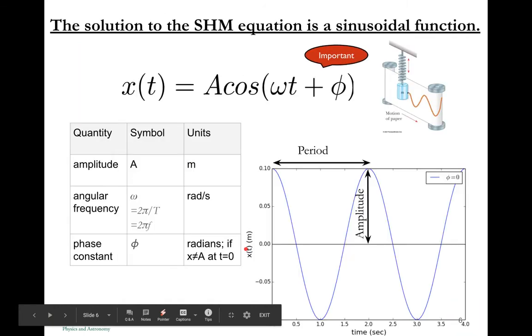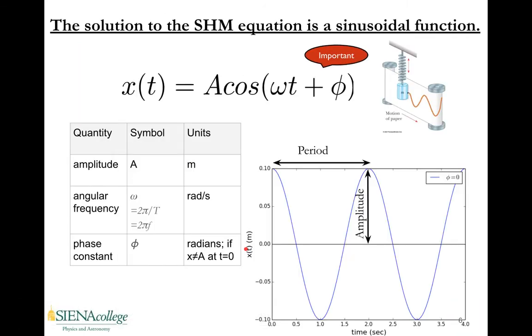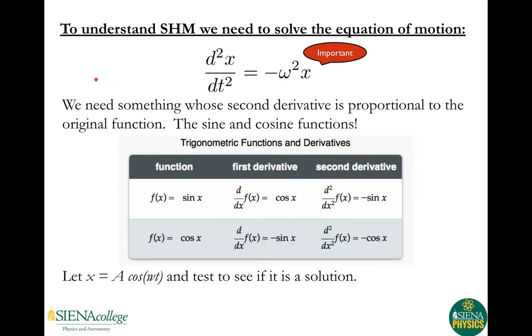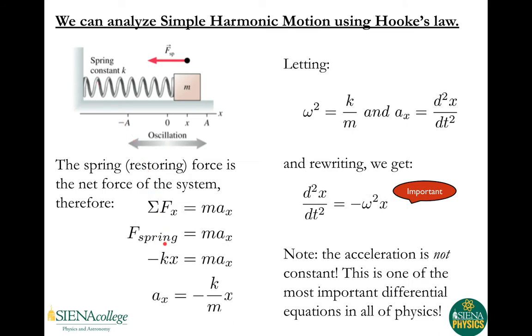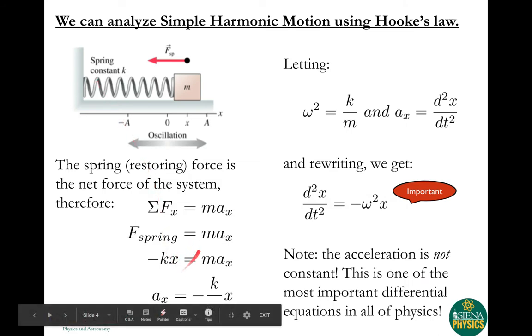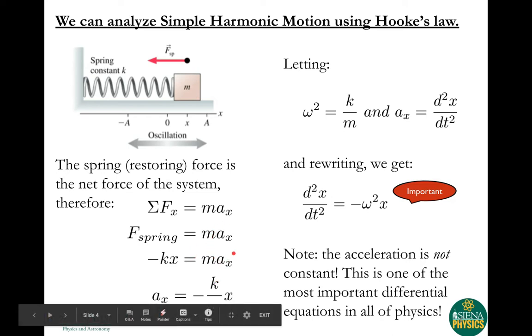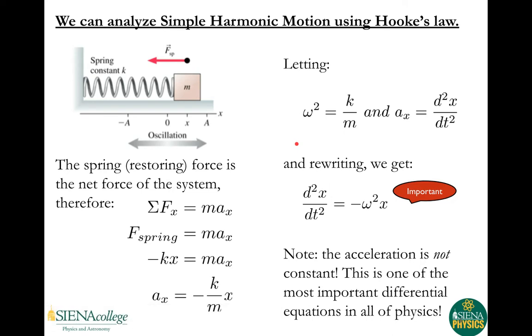If we just solve for the acceleration, we get that it equals negative k, that's the spring constant k, divided by the mass, times x. And we're just going to make a couple of substitutions here.